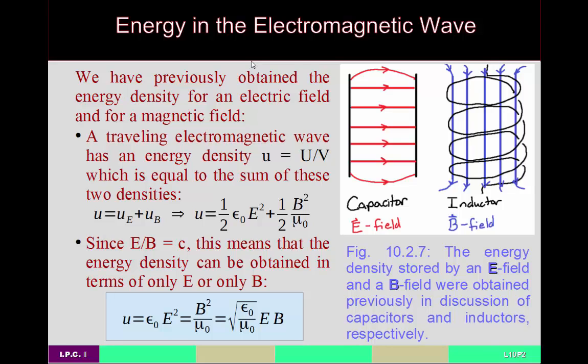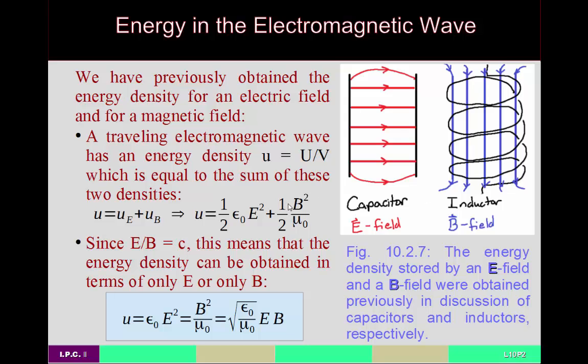What about the energy that is actually contained in these electromagnetic waves? Well, we previously looked at energy density for two things: on the one hand, for an electric field, and on the other hand, for a magnetic field. We did this in the context of a pair of parallel plates, in other words, a capacitor, and in the context of a coiled wire, in other words, an inductor. And basically, what we found is that for a capacitor, the energy density was 1/2 epsilon naught times the E field strength squared.